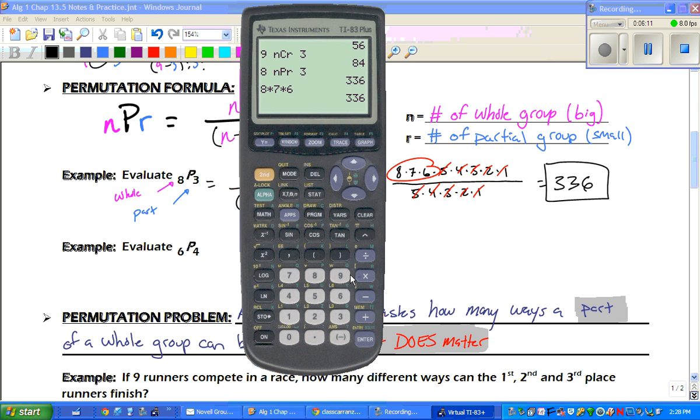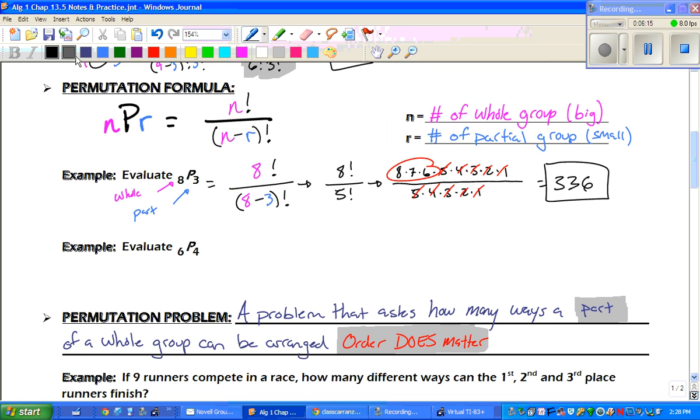There's another way to do this without using a calculator, because you can do 8 times 7 in your head. 8 times 7 is 56. Multiply that times 6. 6 times 6, 36, carry the 3, 30. There are multiple ways to get this, and depending on what class you go into, you might have to do this without a calculator.